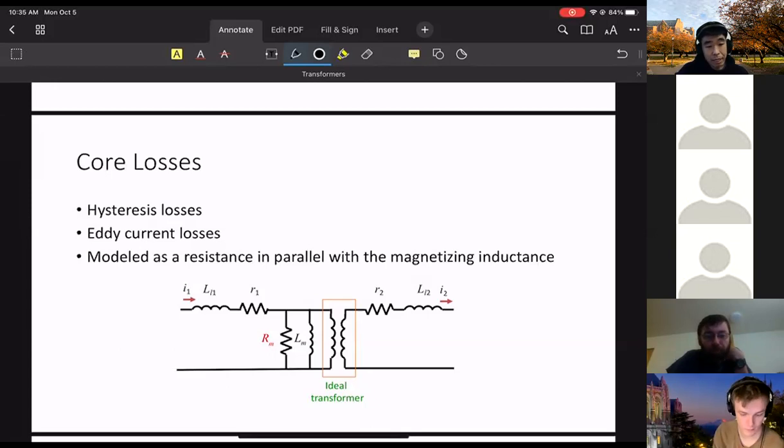Let's think about the things in series, the L1, R1, L2, R2, which I have on both sides of the transformer, both the primary and secondary side. Should I have the core elements also on both sides? Here I'm drawing the core elements on the primary side. Should I have them on the secondary side as well, for symmetry?